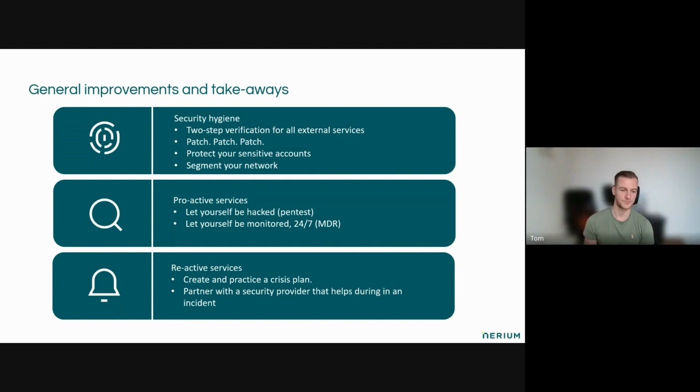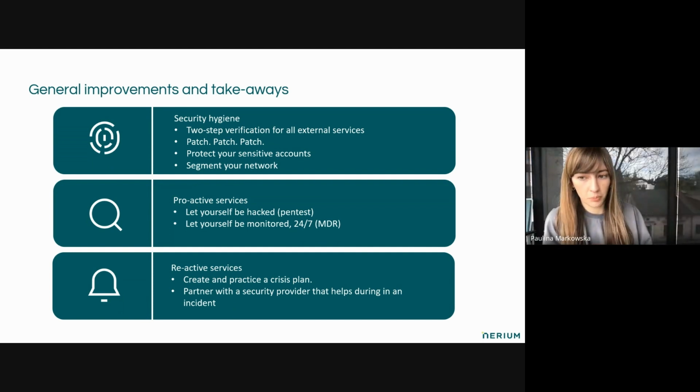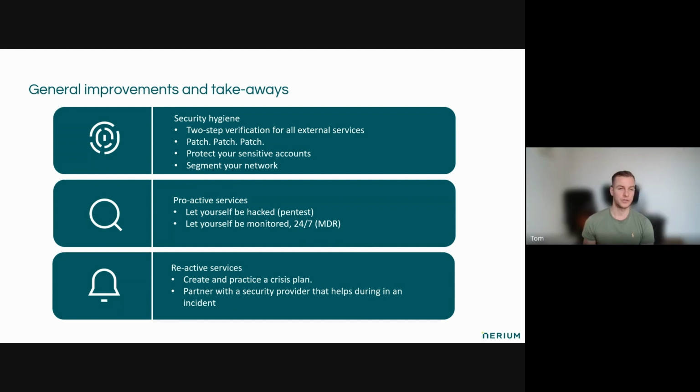Okay, so this is something you can do once for the longer term? Yeah, sure. We usually help customers with setting up a crisis plan. That's a template, and if it's not a big company, that's not a lot of work. And then we do what we call tabletops.